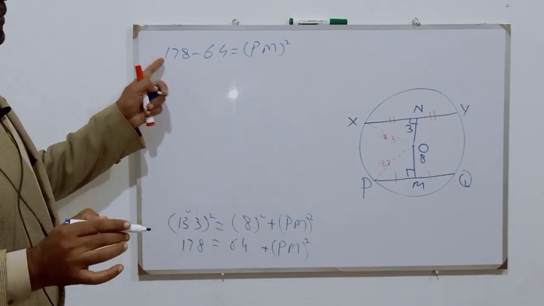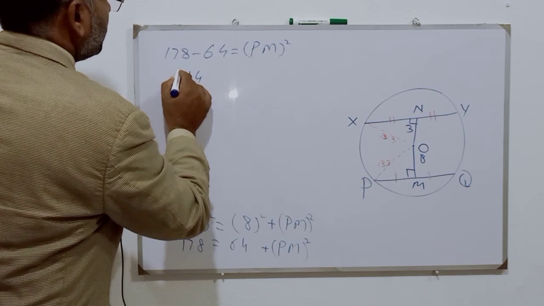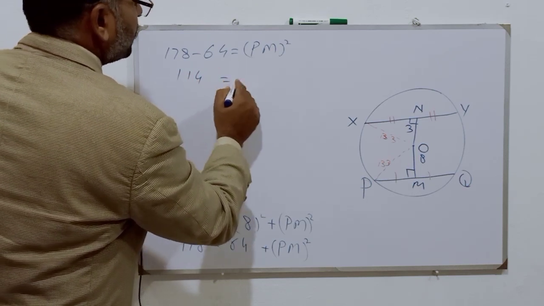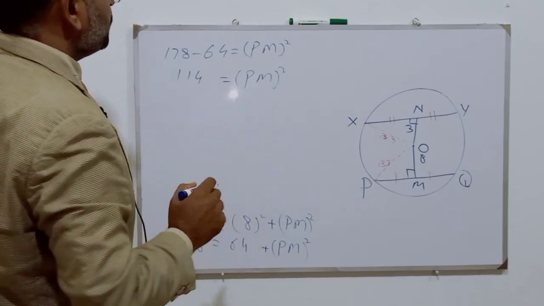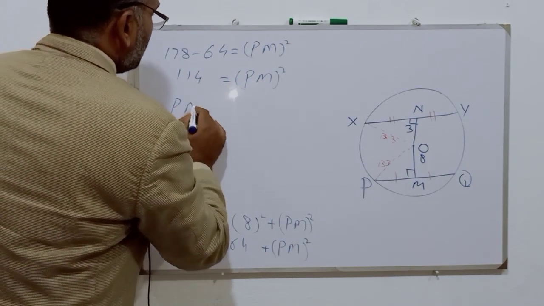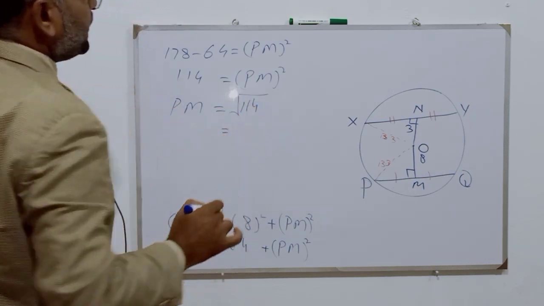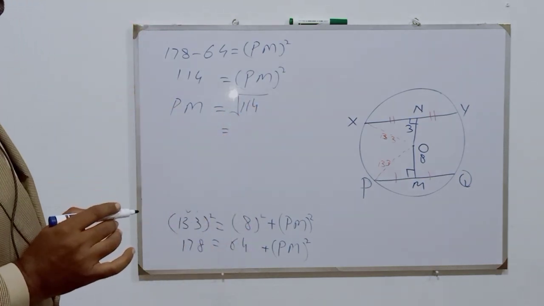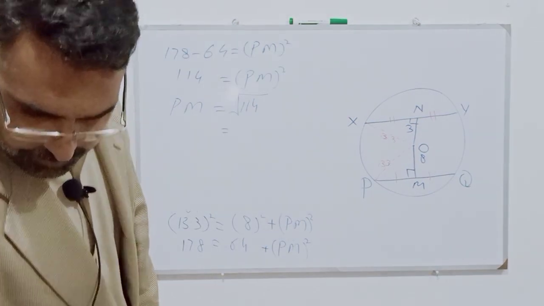Subtract 64 from 178 and we will get 114. So 114 is equal to PM square. Taking square root on both sides, we will get PM is equal to square root of 114, and we will get 10.7.